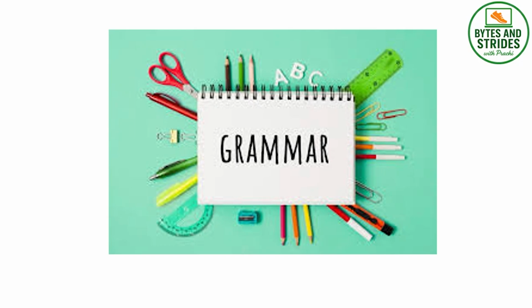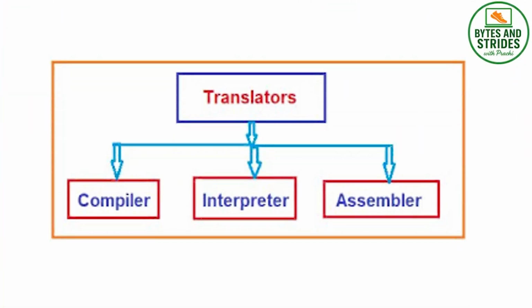So now, say we have written a program using some language. We need to translate that program into ones and zeros. Only then our computer will be able to process it. So there are different language translators available.